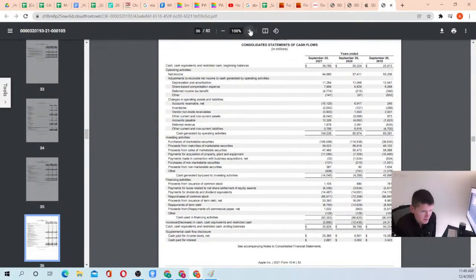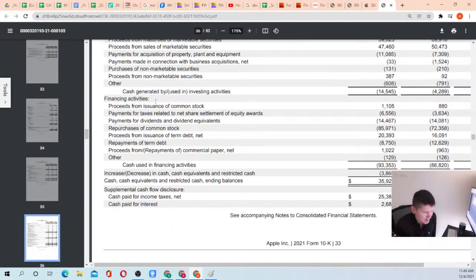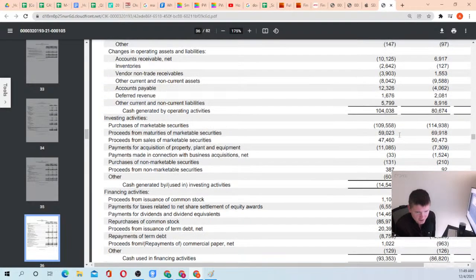Consolidated statements of cash flows. Financing activities. Proceeds from issuance of common stock. Payments for dividends and dividend equivalents, $14 billion. Repurchases of common stock, $85 billion. So Apple spends a huge amount of money on repurchases of common stock, $85 billion.